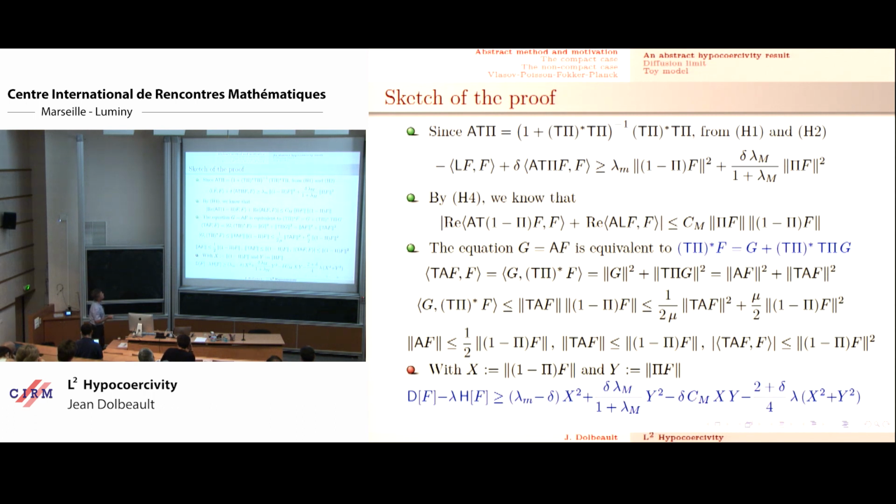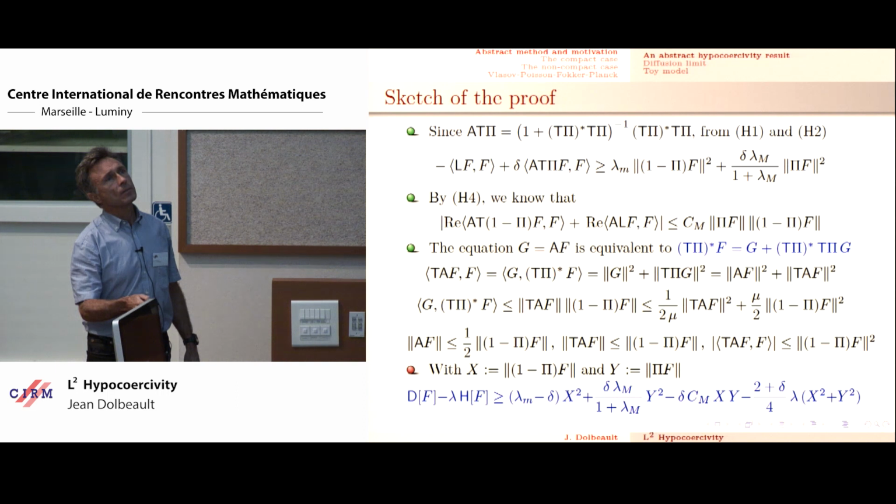So for instance, if you multiply this thing here by... sorry, you take this equation here and you multiply it by J, so you get a G square here.